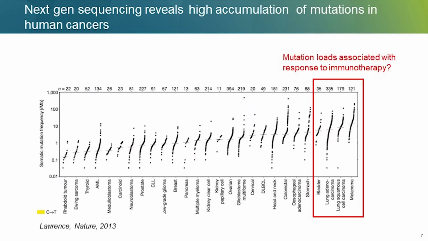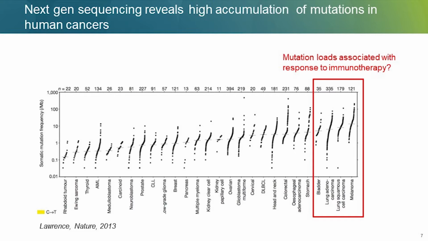And it's with the advent of next-generation sequencing that we finally have been able to harness this information. I'm showing here a figure from a seminal paper by Lawrence that was published in 2013 in Nature, where they used next-generation sequencing to reveal that there's a high accumulation of mutations in human cancer.